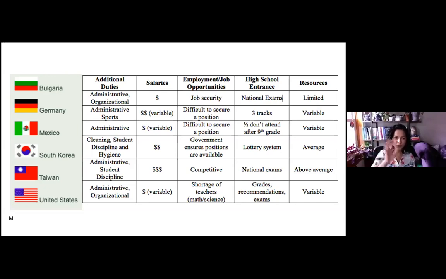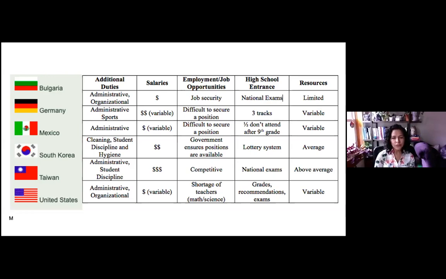So if we move along to the Americas, we have a somewhat different picture. If we look at Mexico, the national examinations in the 9th grade decide whether students will attend general upper secondary, vocational upper secondary, or technical secondary school.